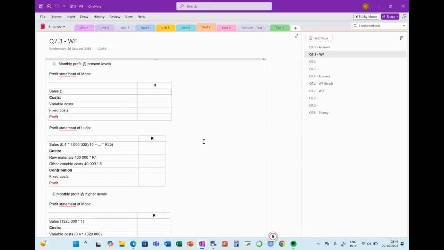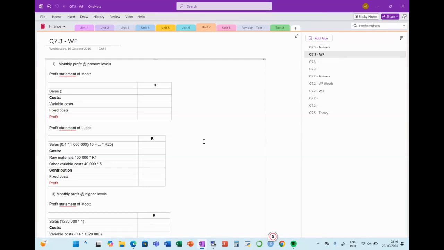Then we go on, and it says Ludo produces its final product, a wedge, at a selling price of 25 Rand per unit. Product costs per wedge are as follows. Okay, so this is your product costs. Raw materials, materials from Moot, 10 meters per unit.